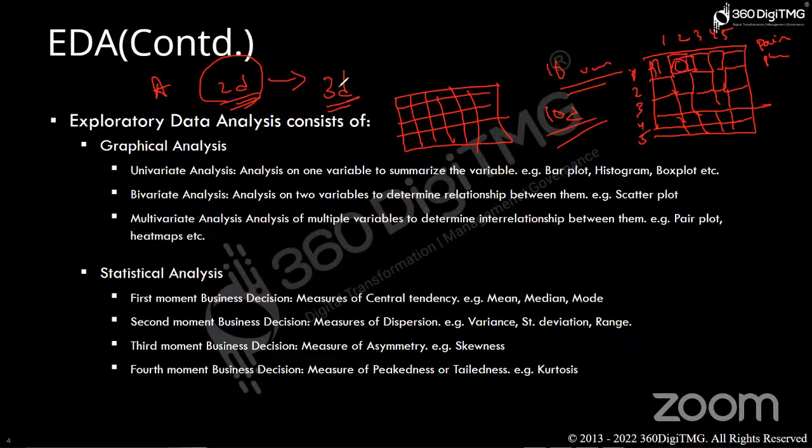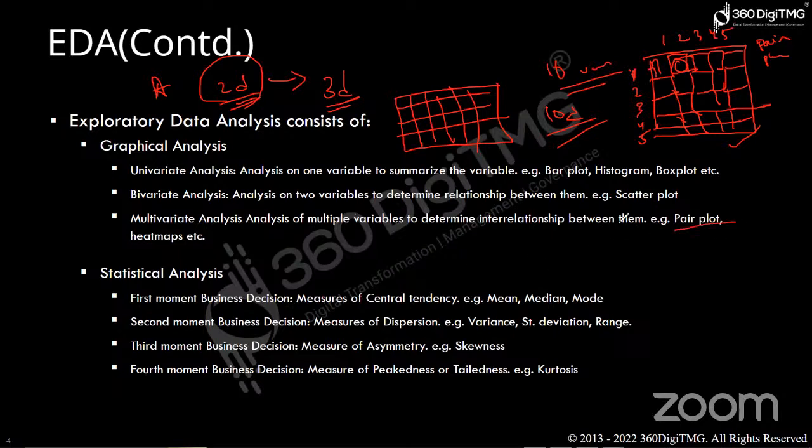So here it is not actually multiple analysis together. It is two-dimensional analysis, but multiple two-dimensional analyses going on simultaneously. So this is multivariate analysis, where we analyze multiple variables to determine the interrelationship between them.